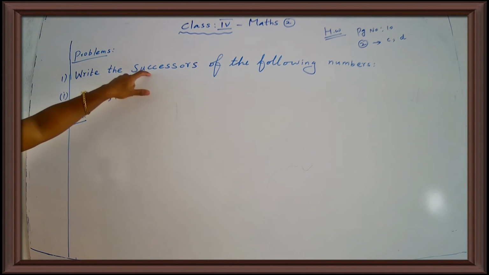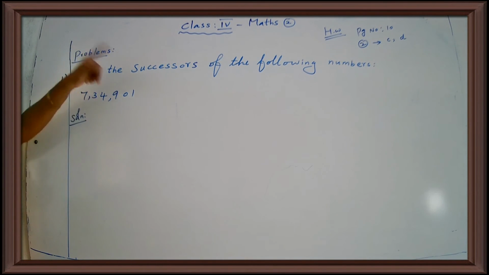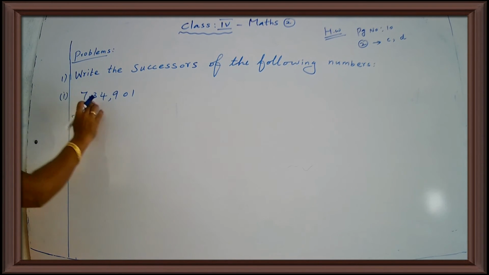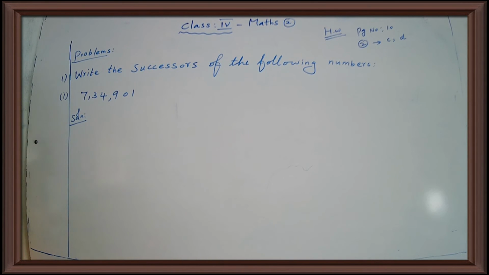Why successor? The successor means the number that comes just after a given number. This is the next number after the number, so that is only called the successor. So what is the answer for the successor of 7,34,901? Say the answer.